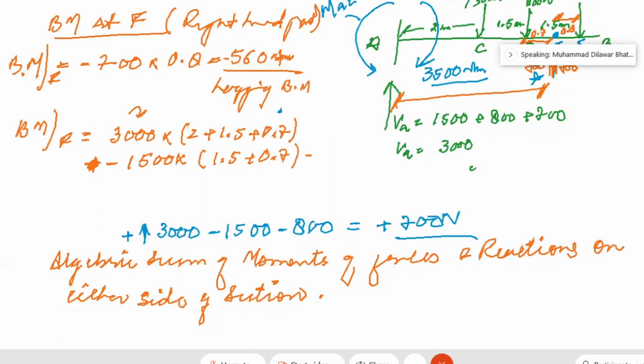Then again we have one more moment, that is 800 into 0.7. Calculate the value of the bending moment at point F. Calculate it quickly.